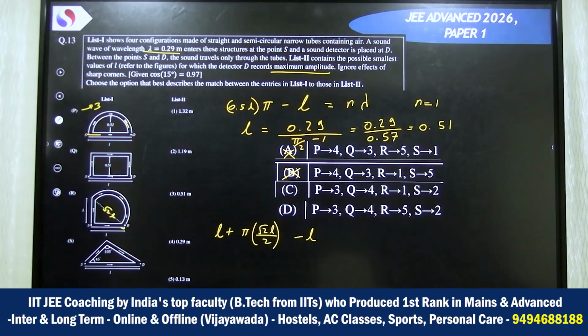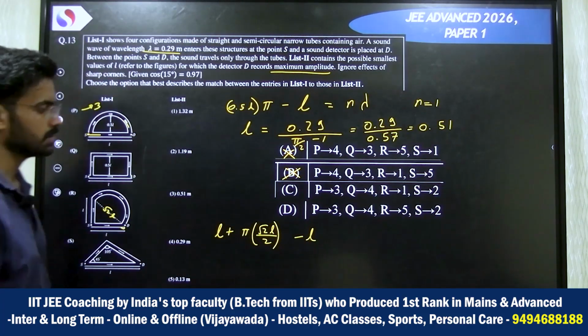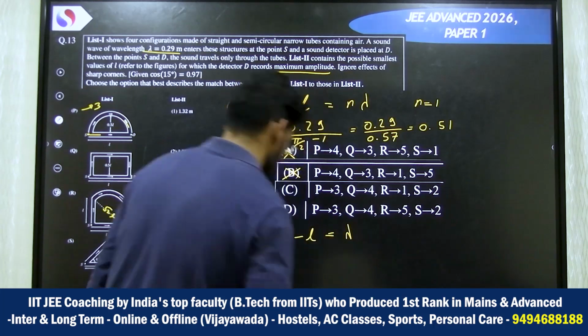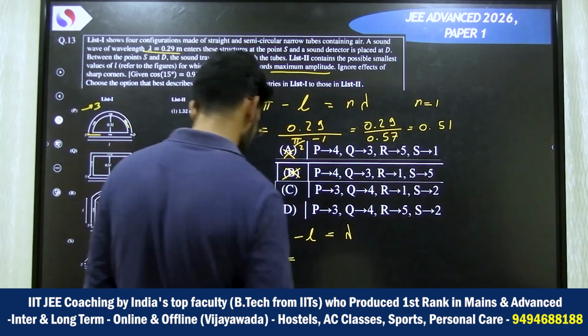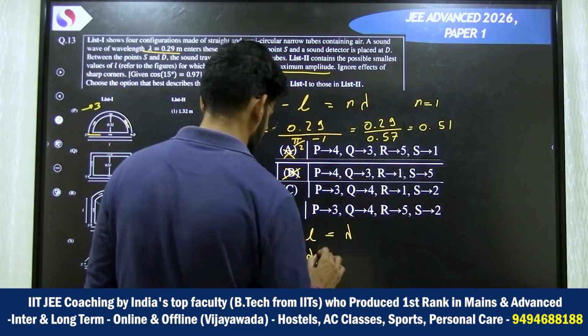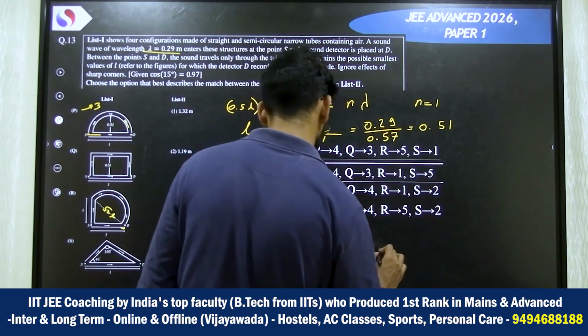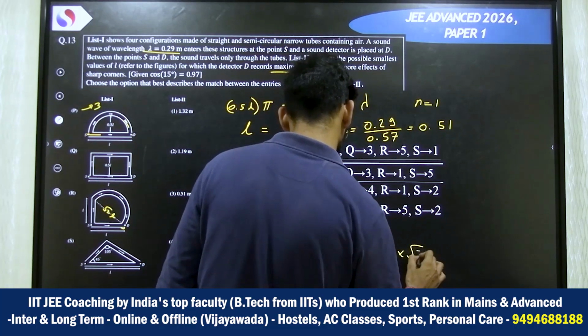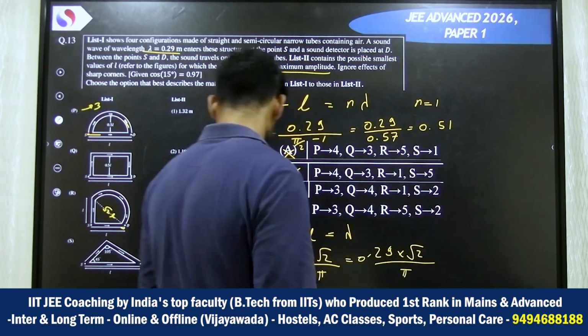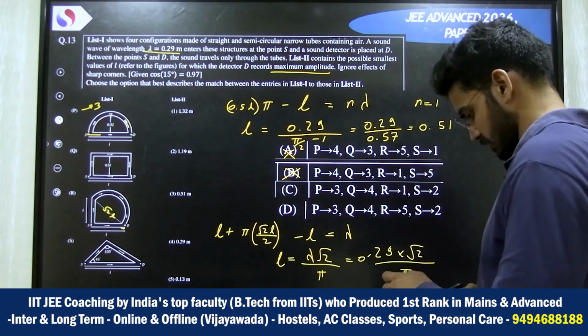This is the path difference, and it should be equal to N lambda, that is lambda. And L will come from here as lambda root 2 by pi. Lambda is 0.29 into root 2 divided by pi. So now the calculation answer is there.